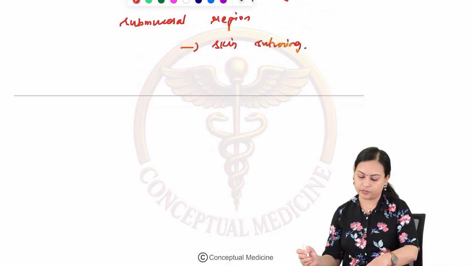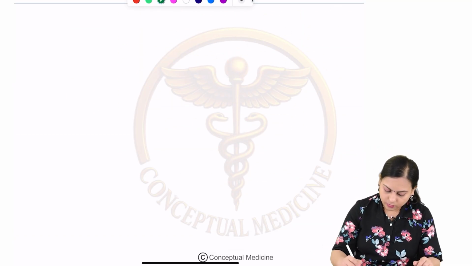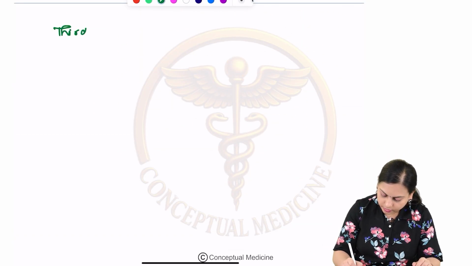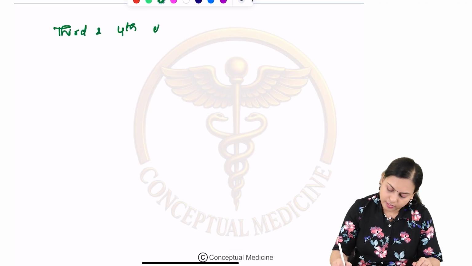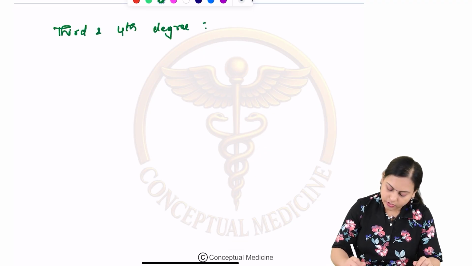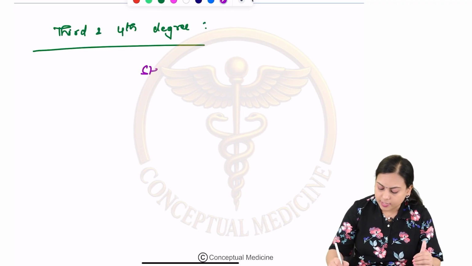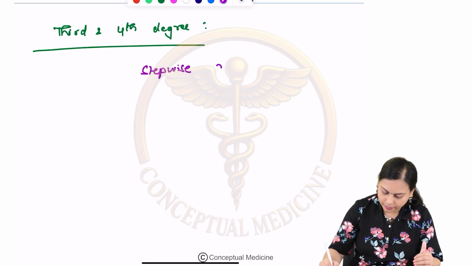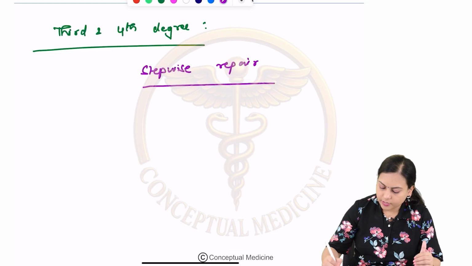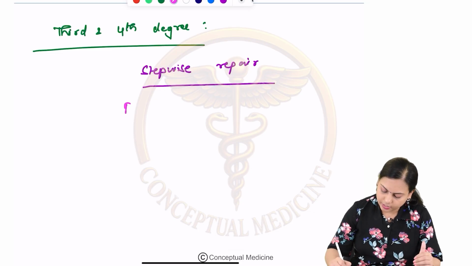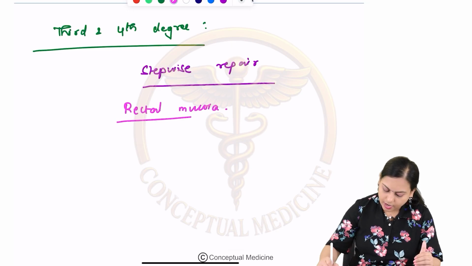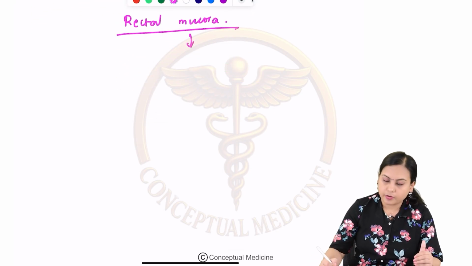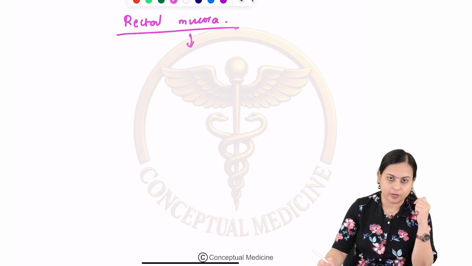Clear? Right. Now, we will see about the third and fourth degree lacerations. You have to do a stepwise repair here. First, you will be repairing the rectal mucosa. And remember, you should not penetrate the rectal mucosa.